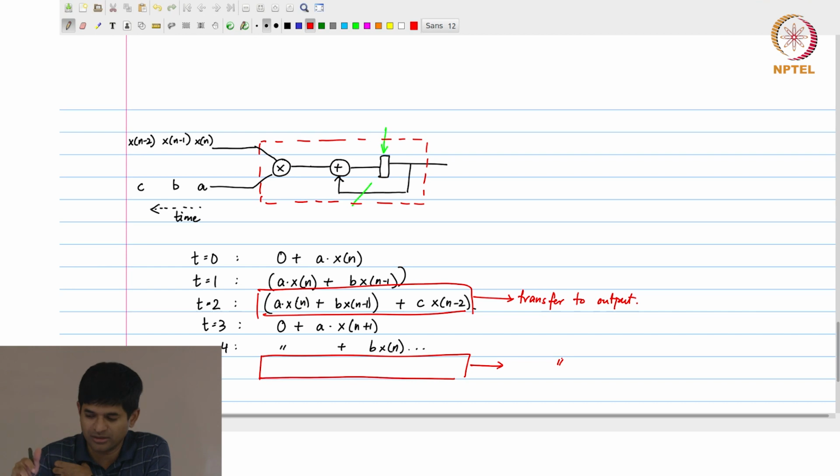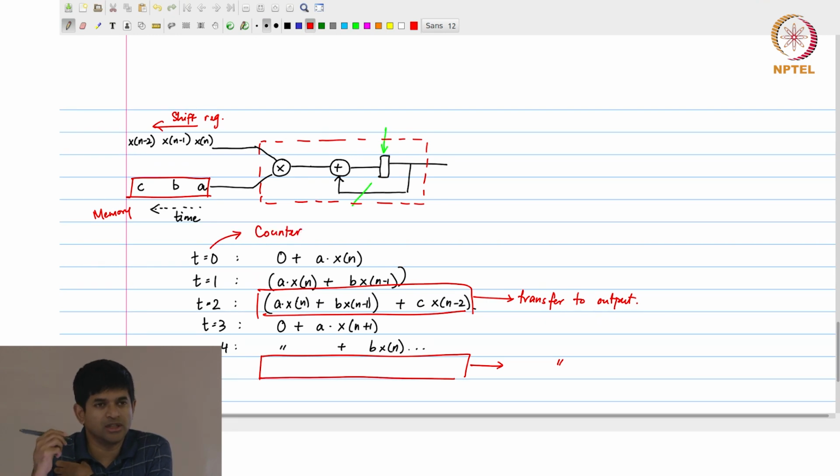I have not drawn it over here, but that is implicit in this place. I also need some kind of memory that will store my coefficients. I need some kind of a counter that will count 0, 1, 2, 0, 1, 2, 0, 1, 2.